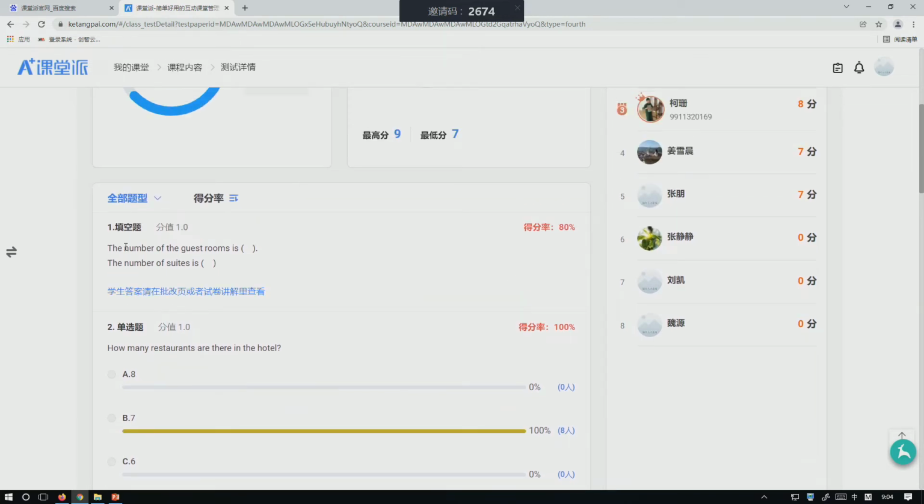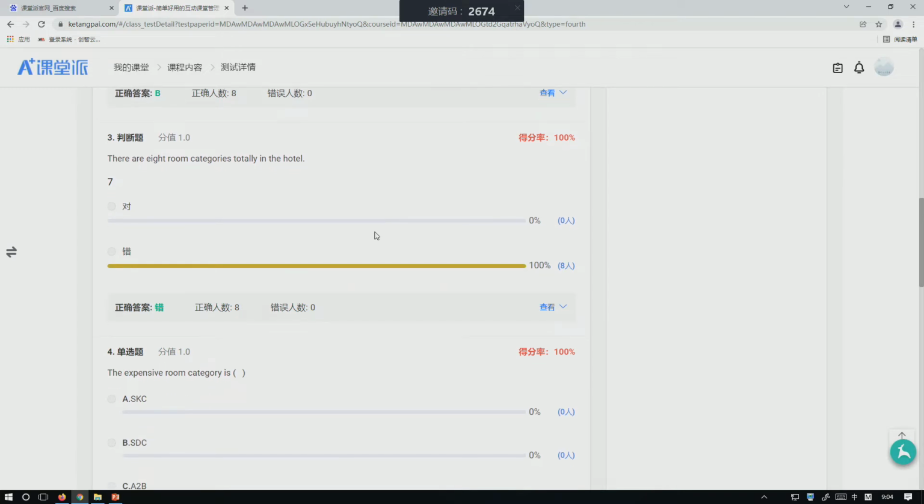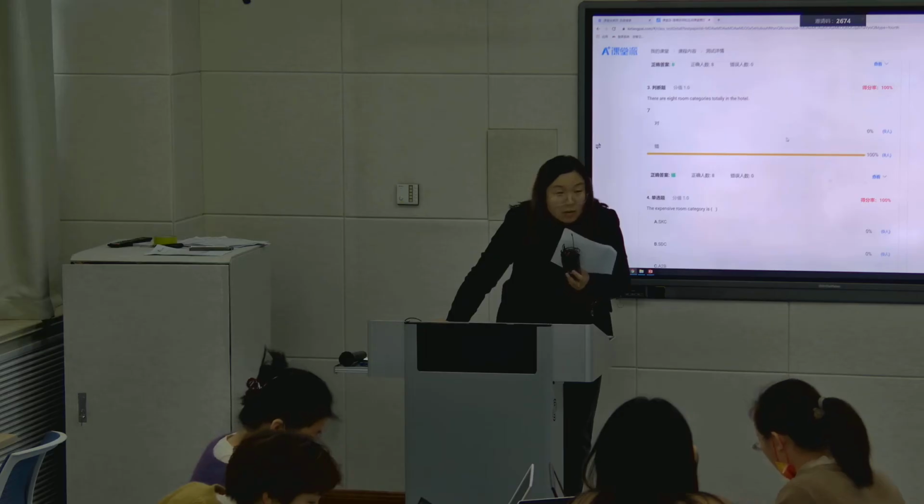The first one is simple, right? The answer is 540 and 45. Yes, and the second one, don't include the extra bed. So there are 7 categories. And the third one, of course, is not right.